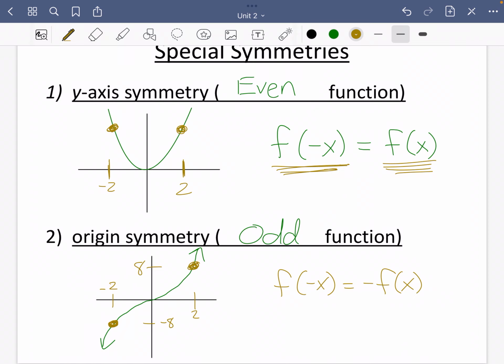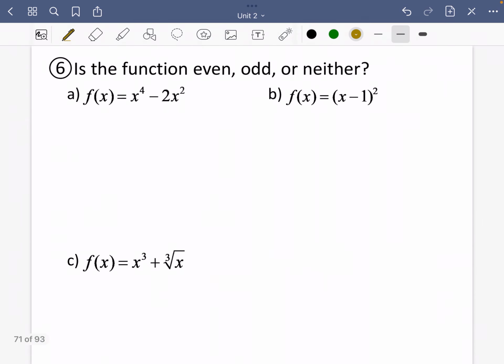So let's look at some examples and see if we can identify whether the functions are odd, even, or neither. How do we do that if we just look at the function and I can't see the graph? In both cases, we are going to evaluate our function at -x. So what does f of -x mean?